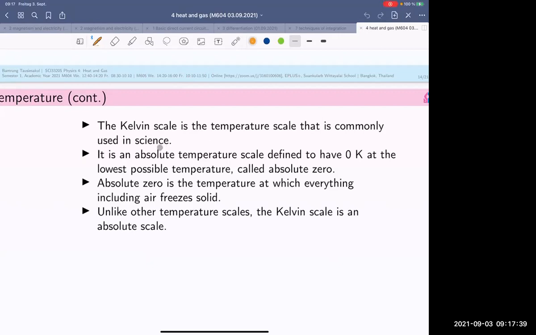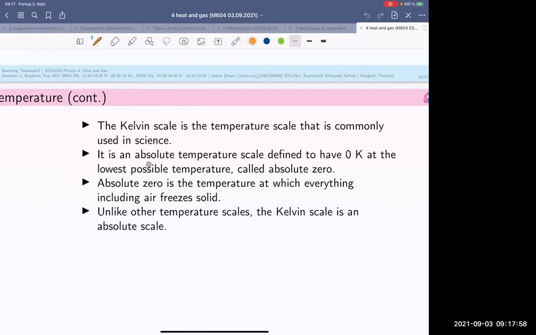But if you work in science, if you are a physicist or a chemist, and you experiment in a laboratory, of course the appropriate temperature scale is Kelvin. But it's not the daily life scale.